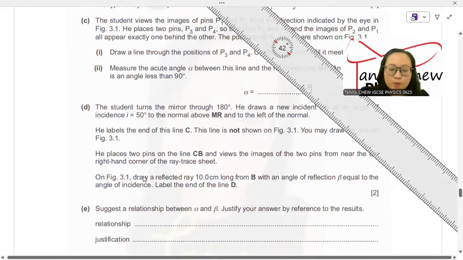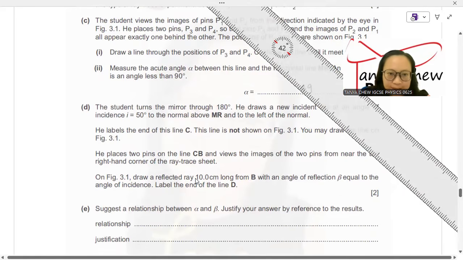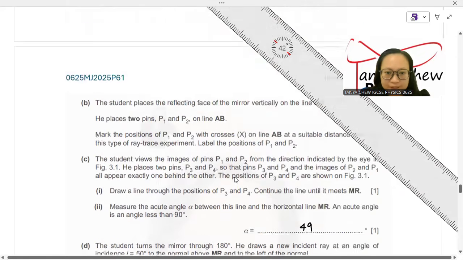On Fig 3.1, draw a reflected ray 10 cm long from B with an angle of reflection beta equal to the angle of incidence.